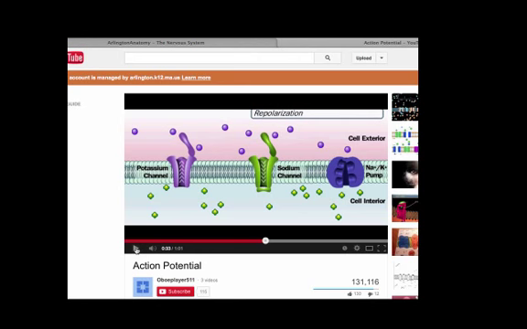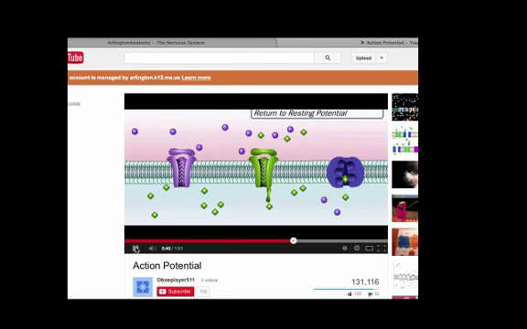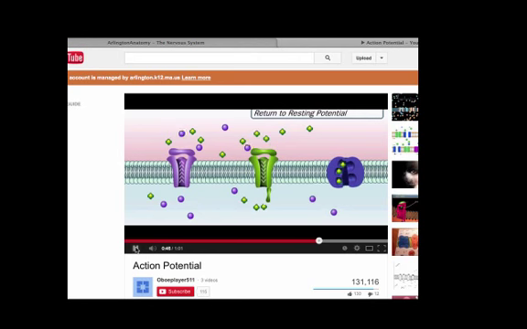And that's going to be this last phase here, returning to resting potential, where the sodium-potassium pump is actually going to use ATP to push the ions across the membrane into their appropriate spots. We need to build up a high concentration of sodium outside and a high concentration of potassium inside. And once that happens, we are back to our resting potential.